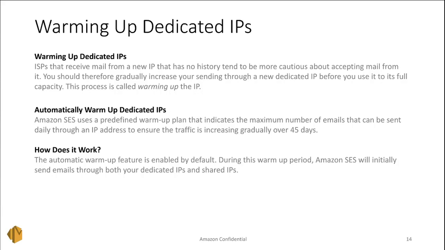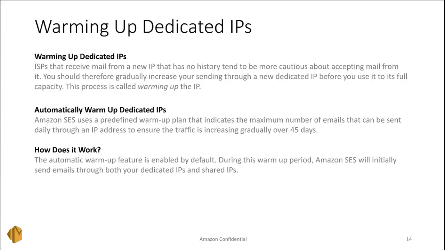So you need to start sending emails gradually through your leased IPs. That process is called warming up the IP. Warming up an IP is nothing but slowly sending and increasing the volume through these IPs, and that's a manual process.